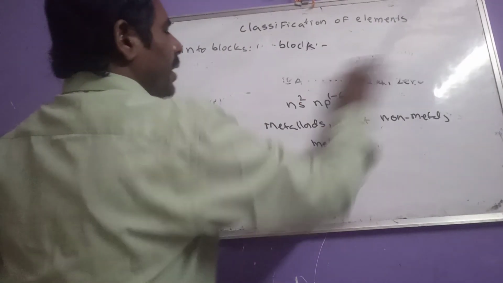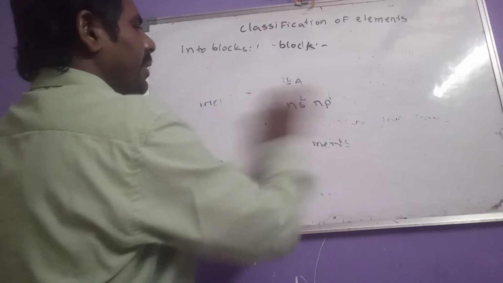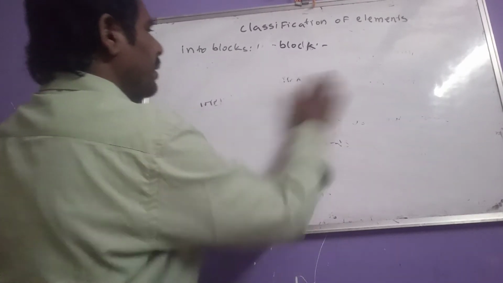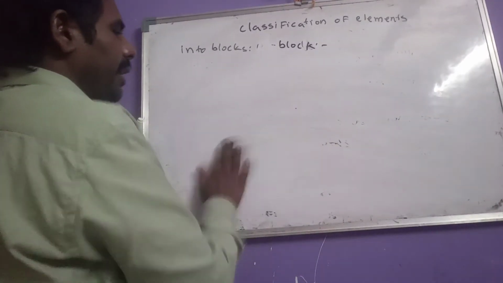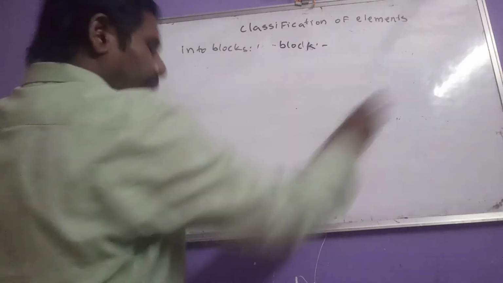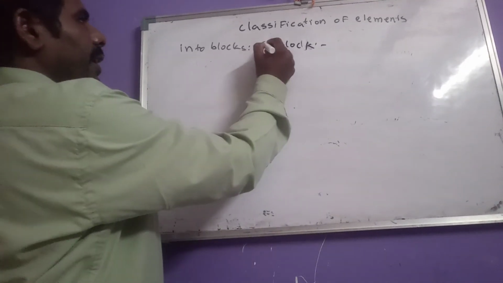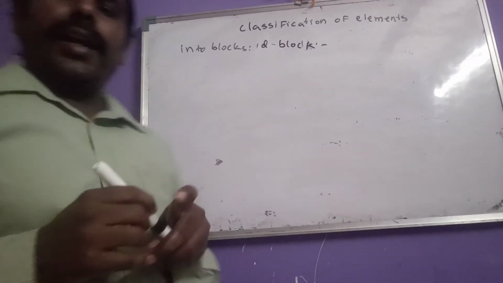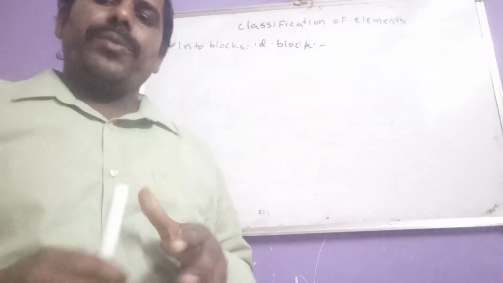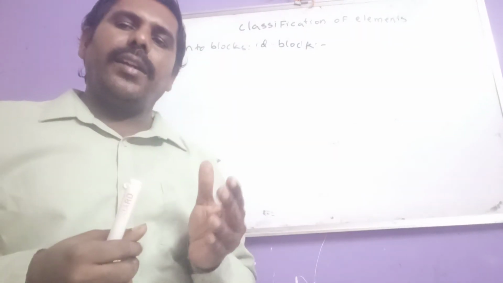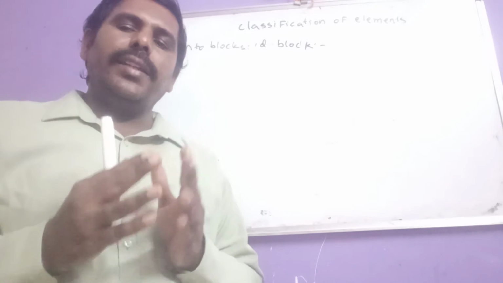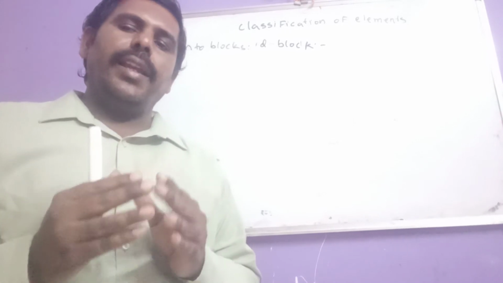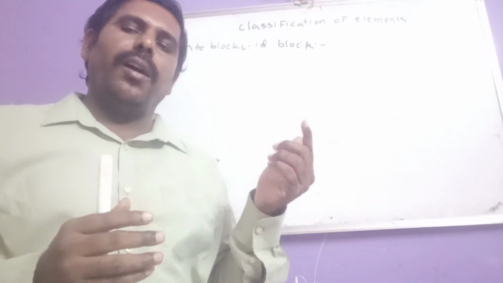Now let us see another block, that is d block elements. What is the definition of d block elements? The element in which the differentiating electron enters the d subshell belongs to d block.